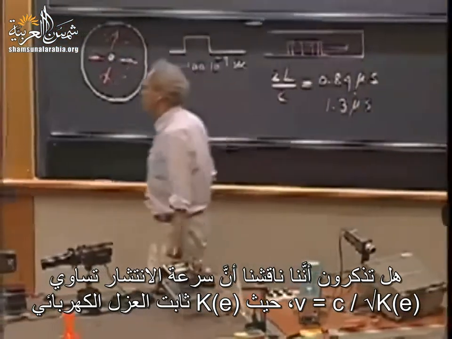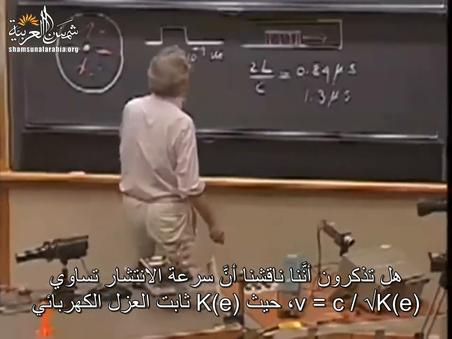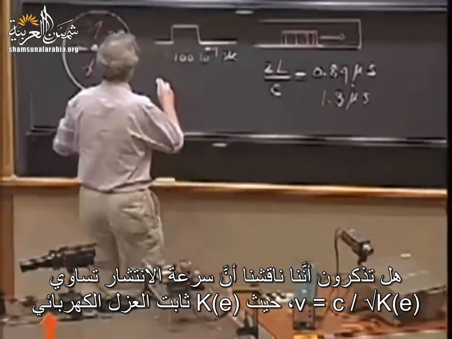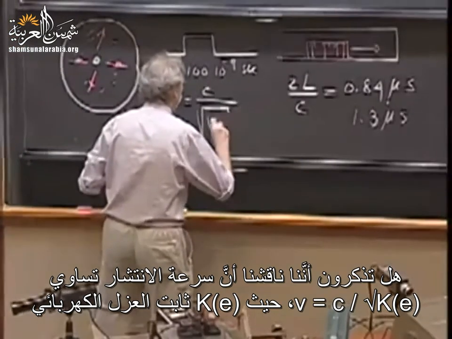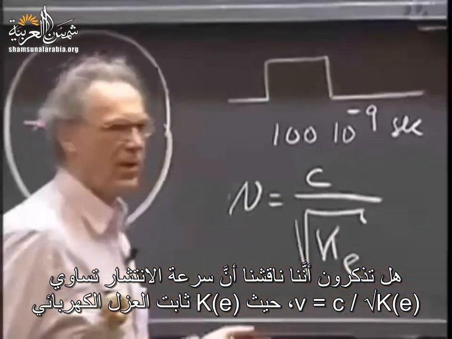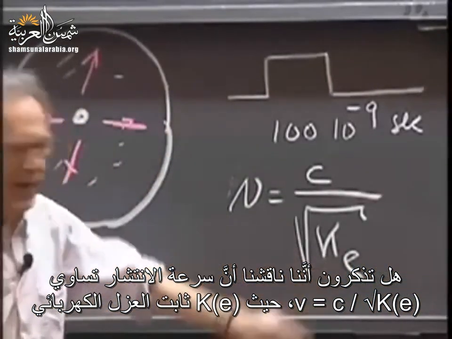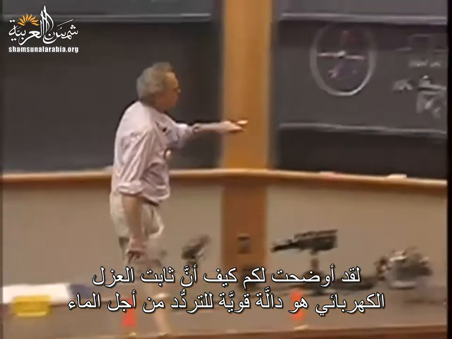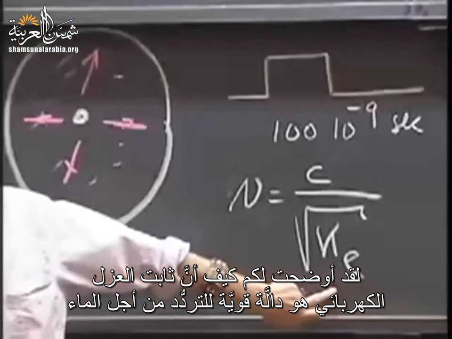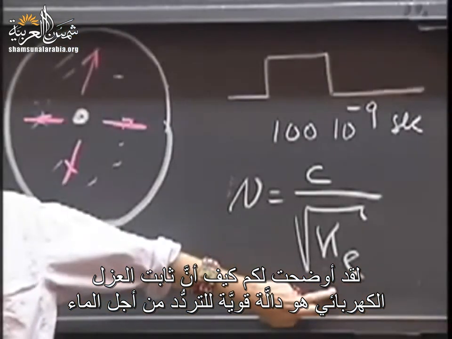Do you remember, or do you not, that we discussed that the speed of propagation v is c divided by the square root of the index of refraction, of the dielectric constant? Do you remember that? I did at one point. I even showed you how this dielectric constant is a strong function of frequency for water.